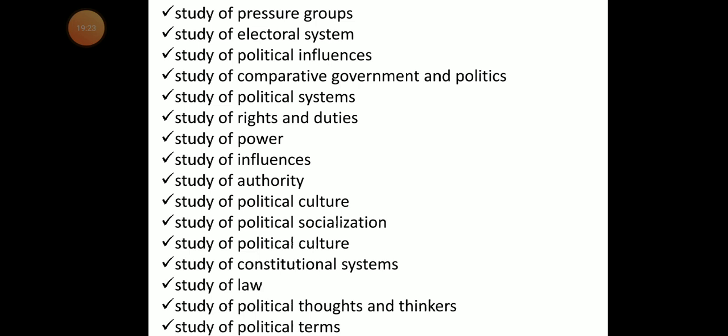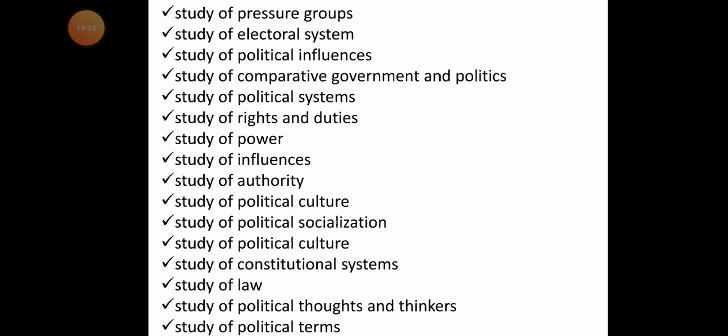Study of political thoughts and thinkers. We know that throughout history there have been various political thinkers. They have given their own thoughts, their ideologies, their isms. So they form part of the scope of political science. And the study of political terms.